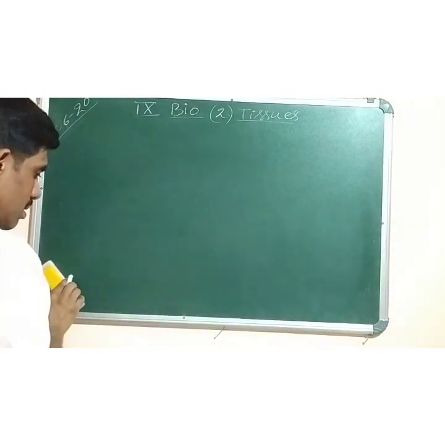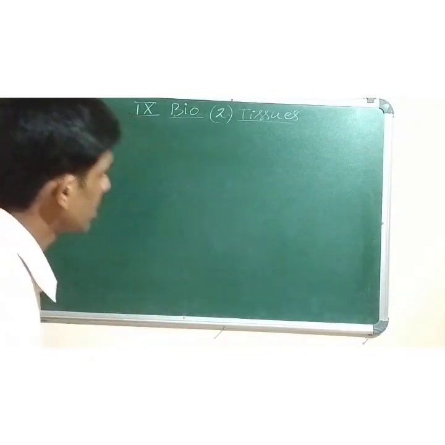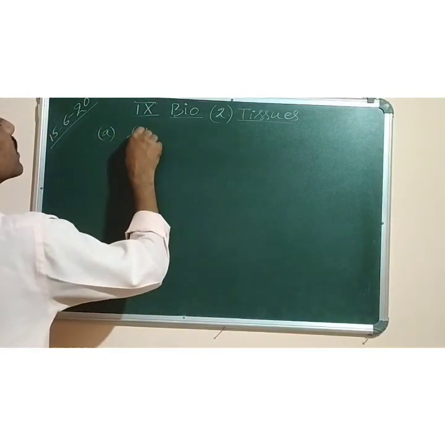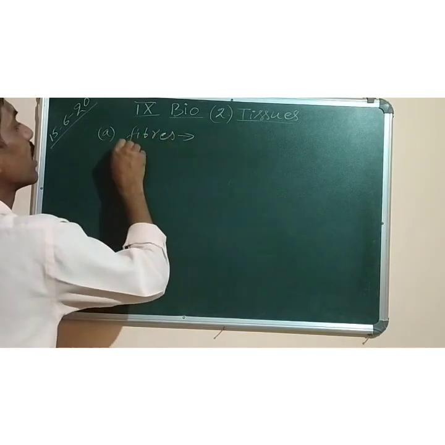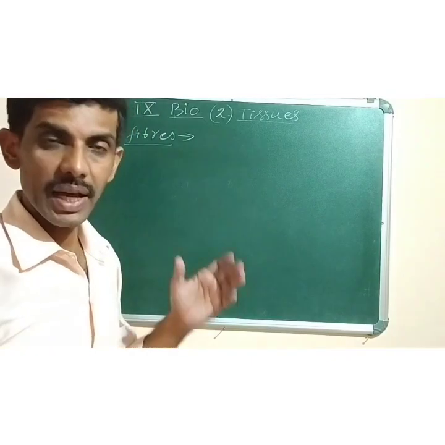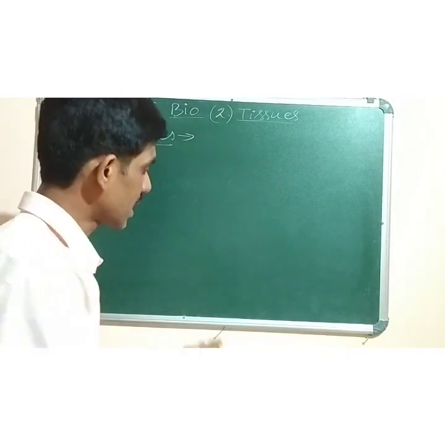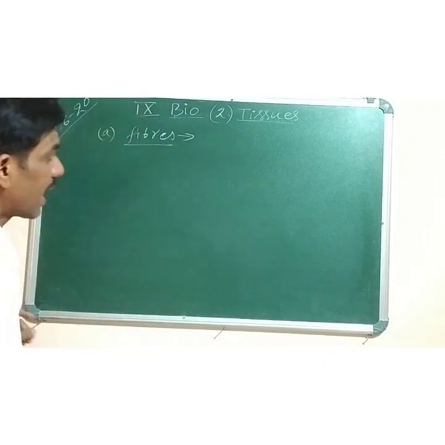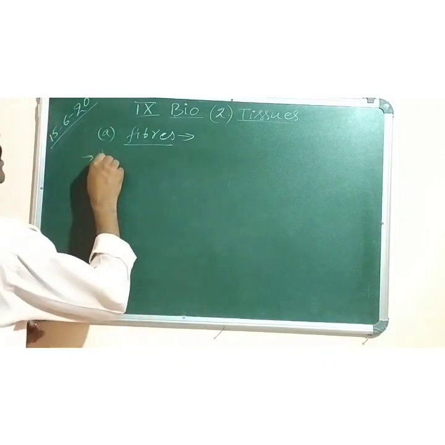So first let's do number A, that is fiber, and then the second one, that is sclerites. The first point of fibers is they are highly elongated. Elongated means their length has been increased lengthwise. They are narrow and spindle shaped.